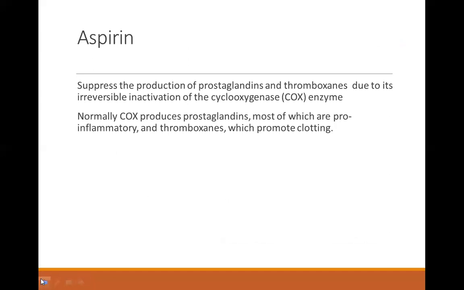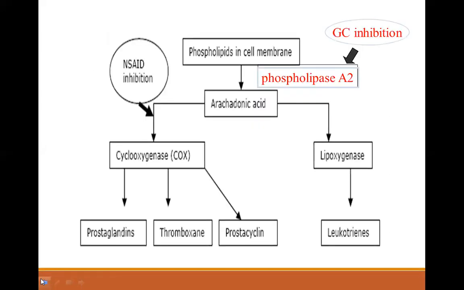The prostaglandins and thromboxane are produced with the help of cyclooxygenase, and NSAIDs inhibit this pathway. When somebody is using an NSAID or another cyclooxygenase inhibitor, prostaglandin and thromboxane production will be reduced.